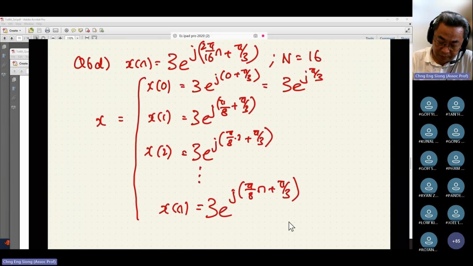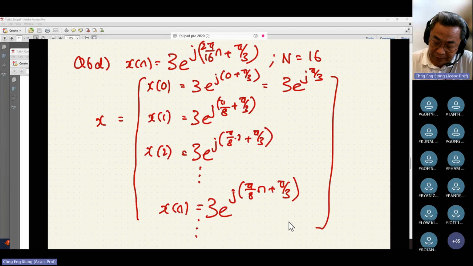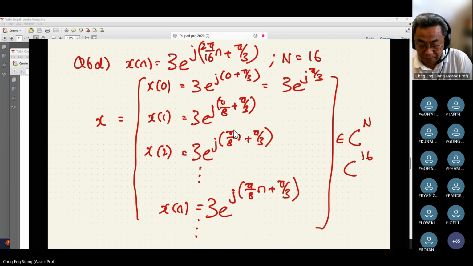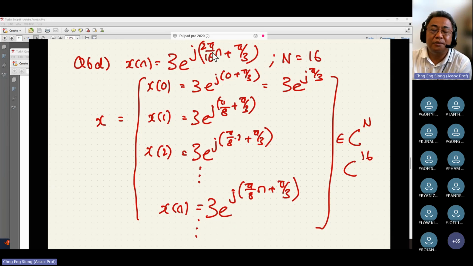That's the idea. It is a vector of how many elements? A complex vector, right, guys? This is a complex number, in C^N, and N is 16. So I have a complex vector. And this is very interesting because I know that this vector e^(j 2 pi over 16) is actually one of the rows of the W matrix.